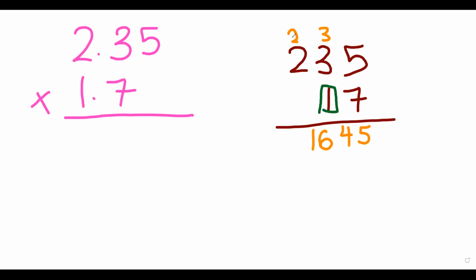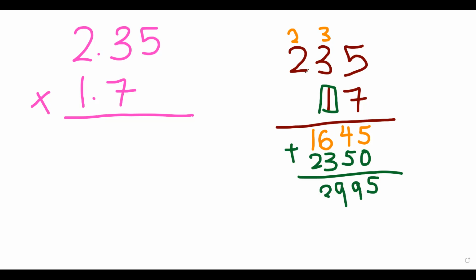And I will multiply the 10, we have to add 0. Then 1 times 5 is 5. 1 times 3 is 3, and 1 times 2 is 2. Then what do I have to do? I have to add. 5 plus 0, 5, 4 plus 5, 9, 6 plus 3, 9, 2 plus 1, 3.